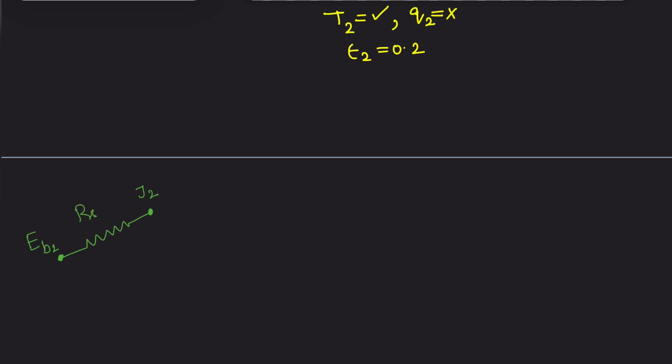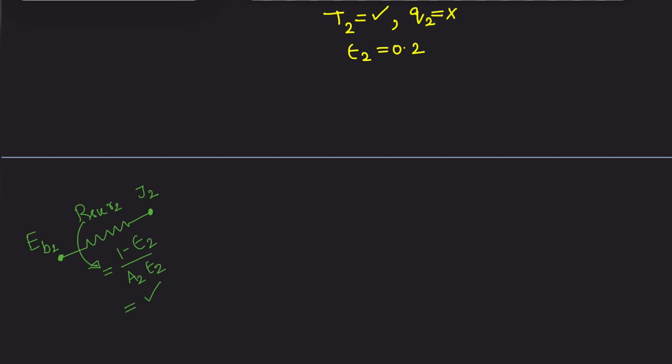This is the surface resistance of surface 2, equal to (1 minus epsilon 2) by A2 epsilon 2. You know A2 and epsilon 2, so this is given.